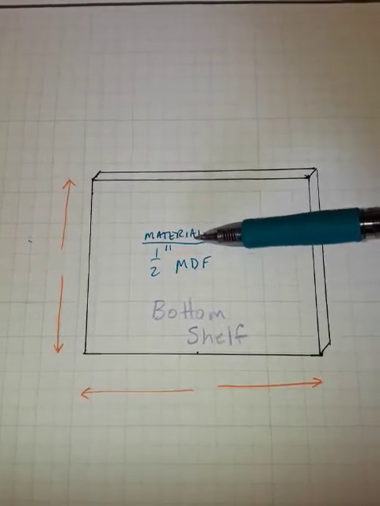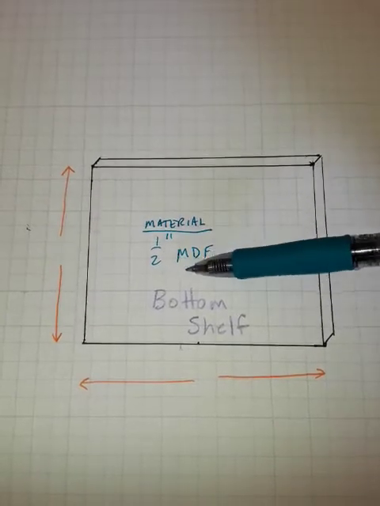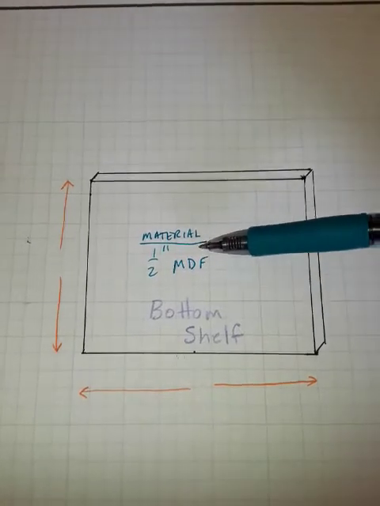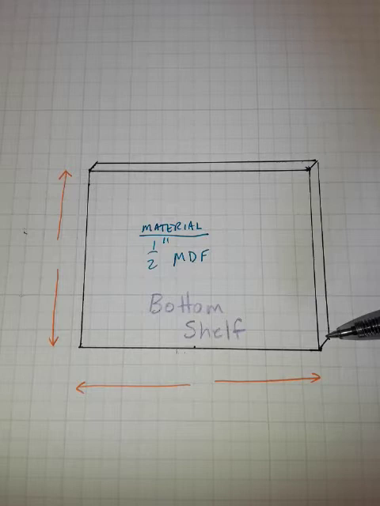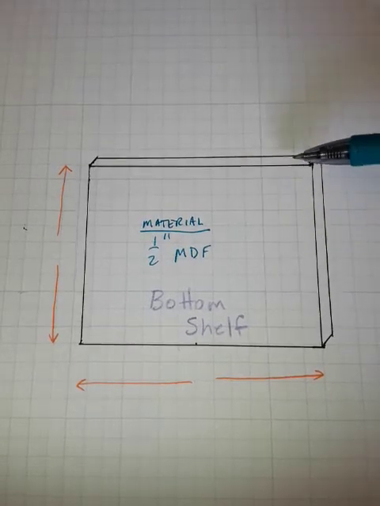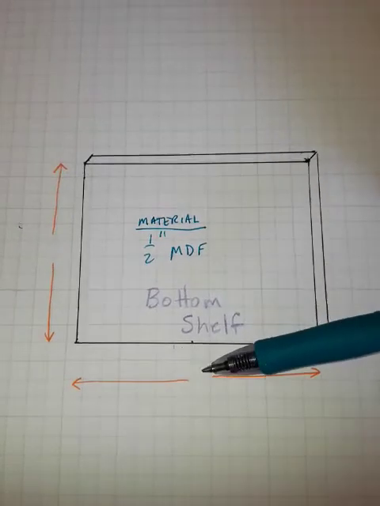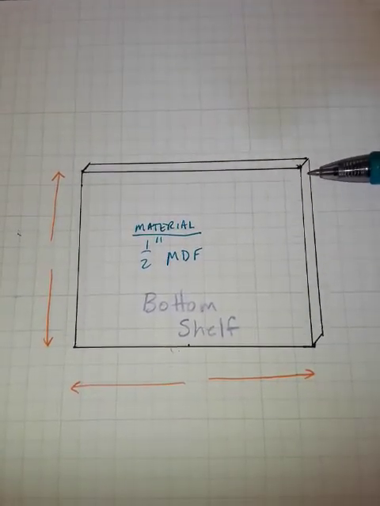The material, by the way, is a 1/2 inch MDF. The 1/2 inch really doesn't play into any of our calculations, so keep that in mind. It's just the material. Go ahead and make the depth visually, make it work out. It ends up being really a thin board, but your job is to determine the two dimensions as far as the depth and the width.